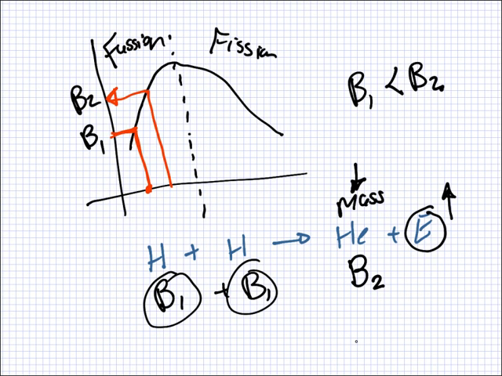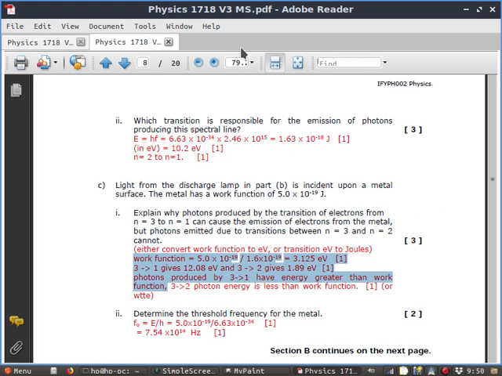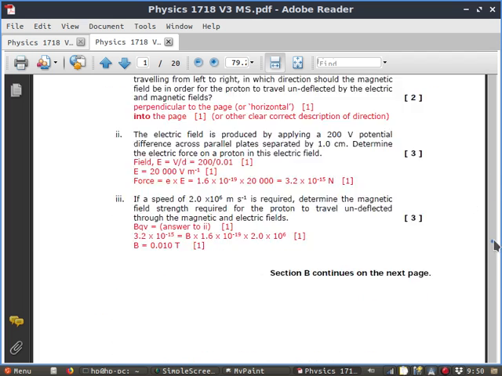I'm going to take a guess and say it's true. The question is: does the total binding energy, not this released energy but the binding energy to hold it together, get bigger or smaller? I'm going to say bigger. I'm going to say it's true, and I'll be sad if I'm wrong.